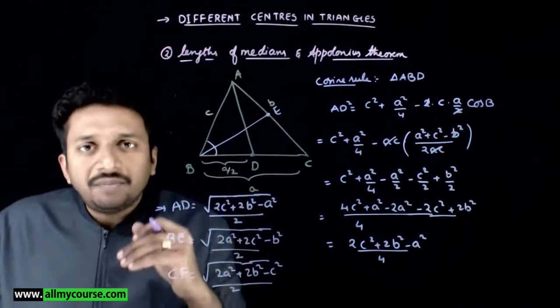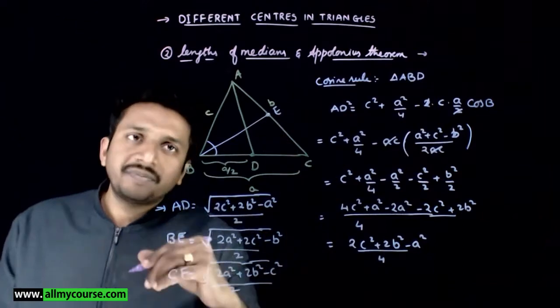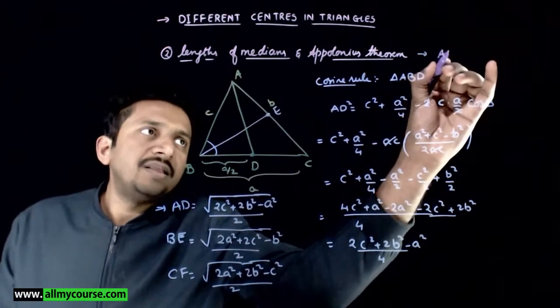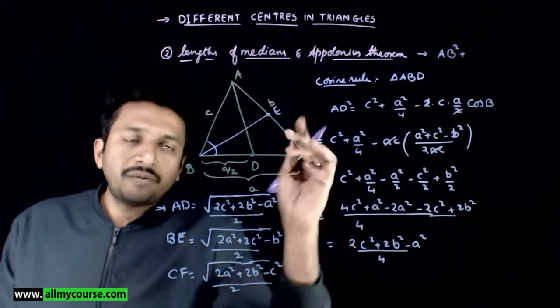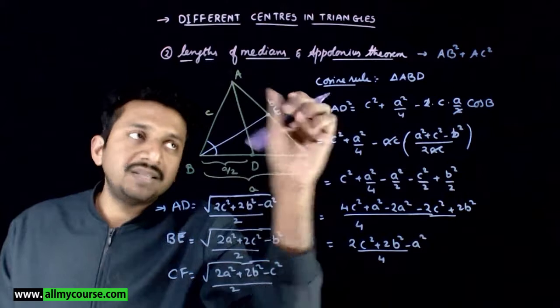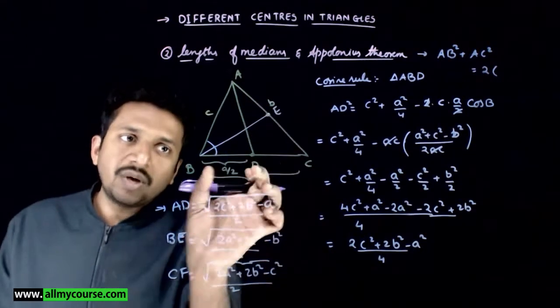Now once you have the medians of the triangle, you have something called Apollonius theorem, which says that the sum of squares of two adjacent sides, AB square plus AC square, is equal to 2 times AD square plus BD square.